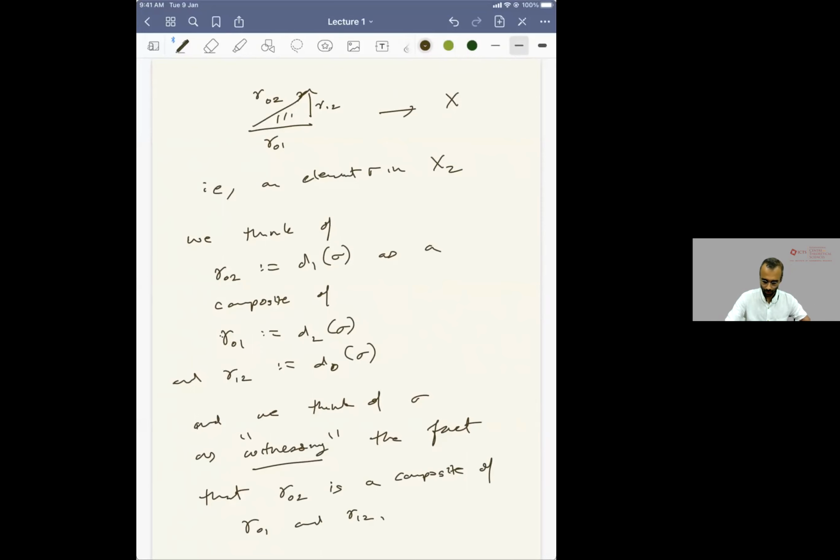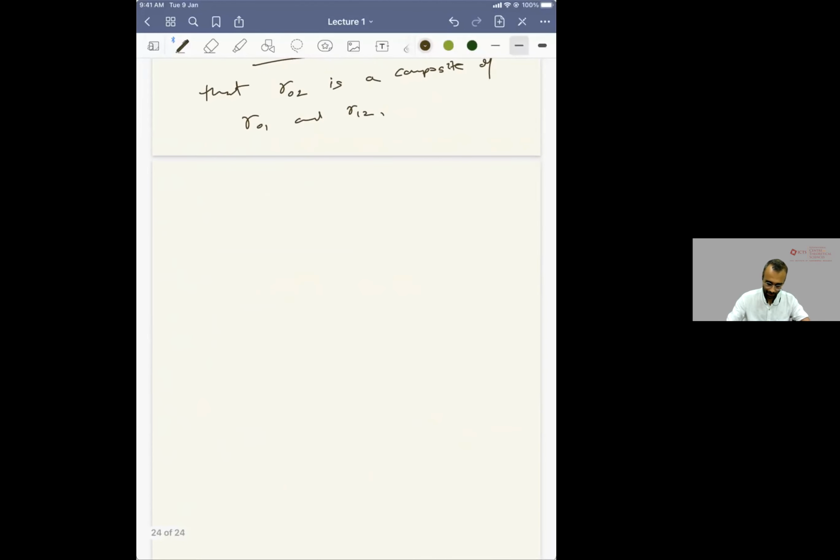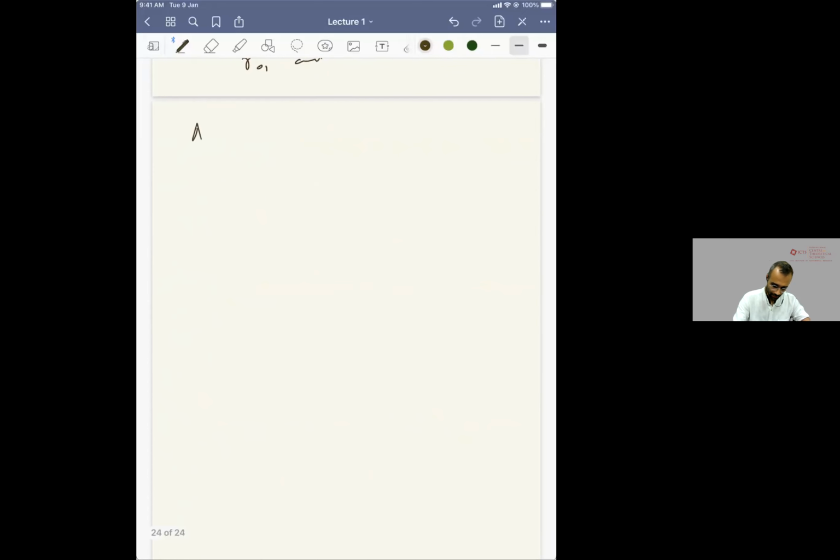Okay, so I'm almost out of time. So I didn't finish everything I wanted to, but I'll just make one statement. What is associativity? Associativity is the statement that you have the tetrahedron.